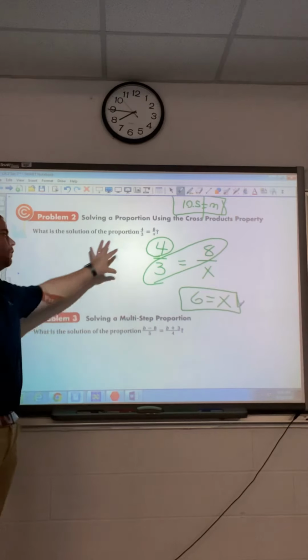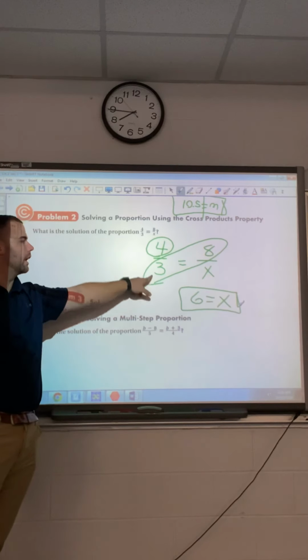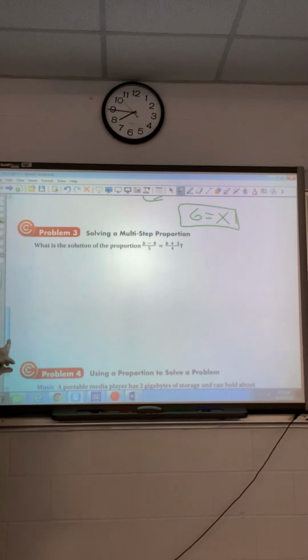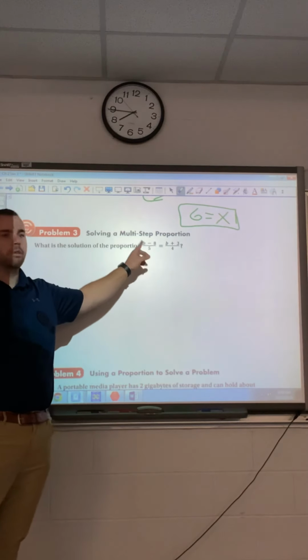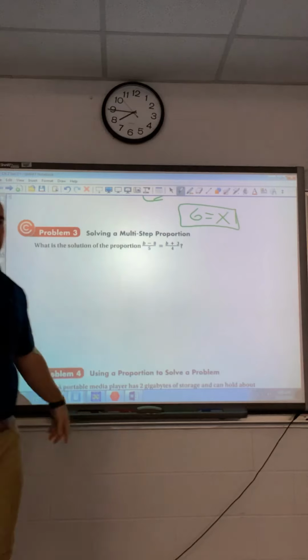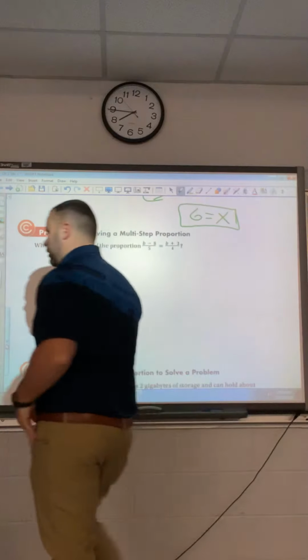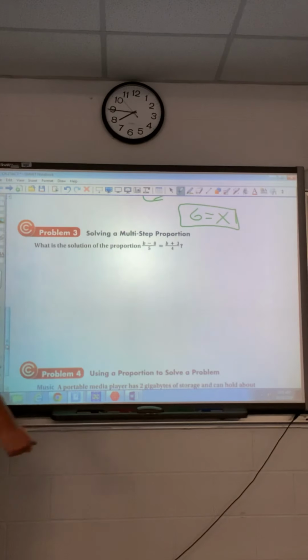Like I said, that little shortcut works really well for ones that look like this. It doesn't work so well for ones that look like this though. We have to come back and do the same thing we did a while ago and solve our proportions, do our cross products. We got 2 more examples for you. Almost done. So we're going to use our cross products here, just like we did a while ago.